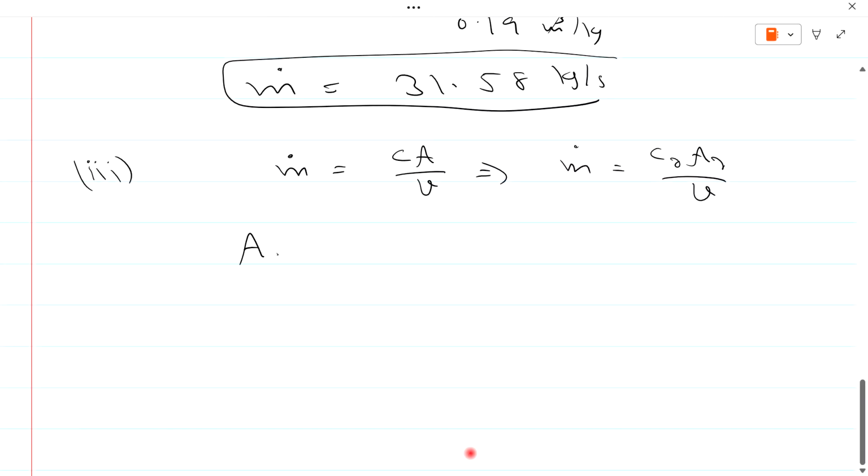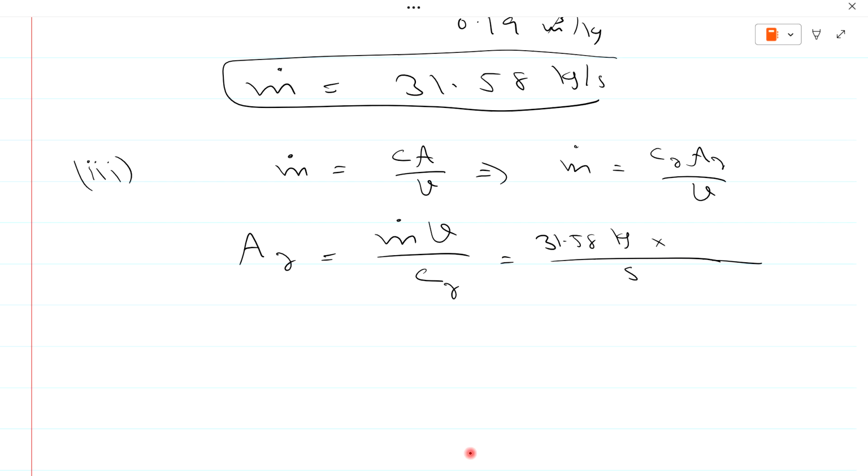So A2 is equal to m dot V divided by C2. The value of m dot is equal to 31.58 kilogram per second. The value of V is V2, this is V2.